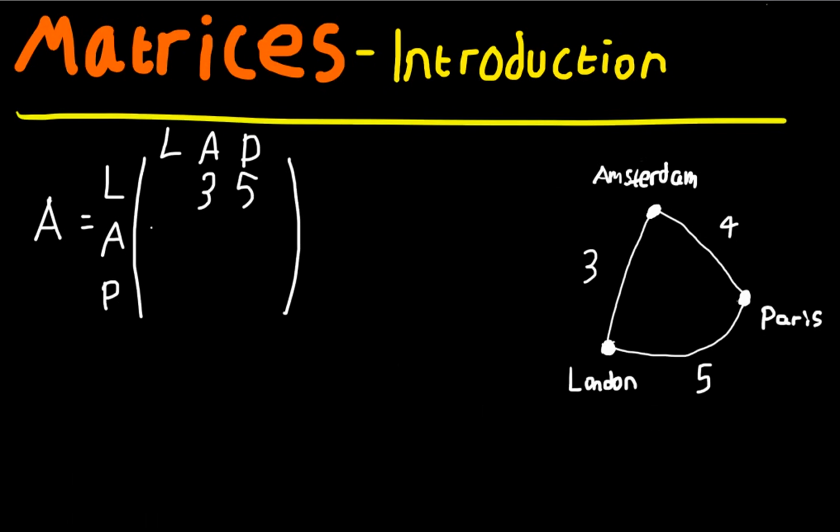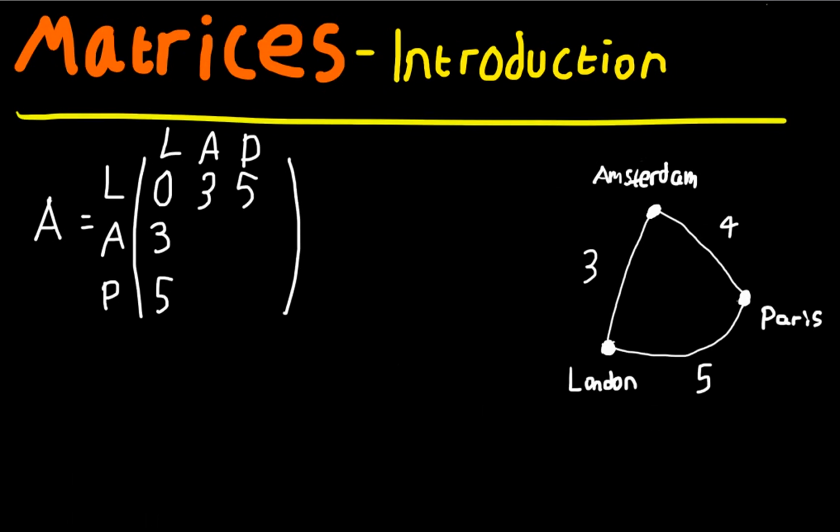And you can see the symmetry in this matrix, so we can write the exact same thing down here: Amsterdam to London has 3 flights and Paris to London has 5 flights, excuse me. And of course the trivial thing here is London to London, which is going to be 0, as I don't know any airlines that offer flights to its own airport.